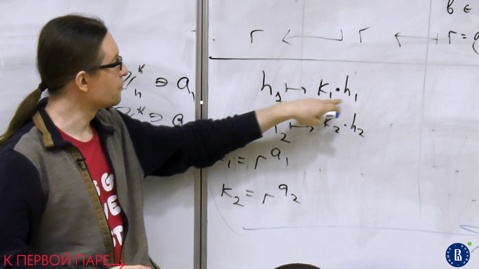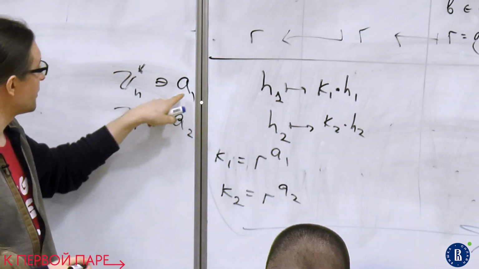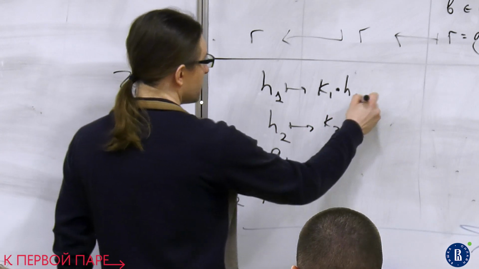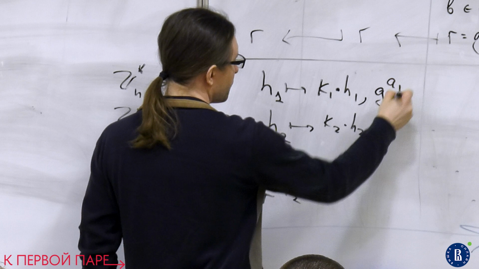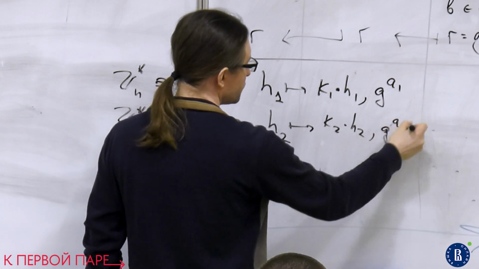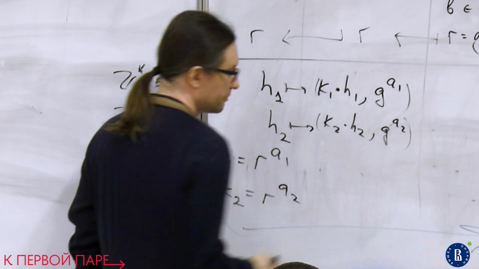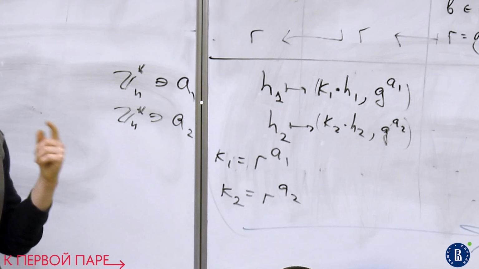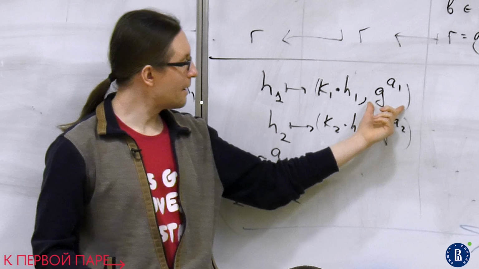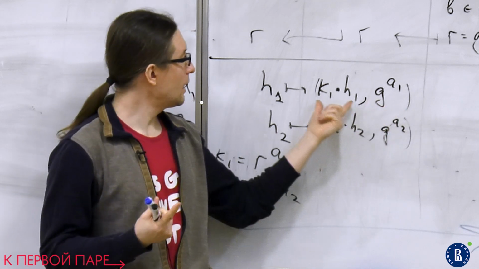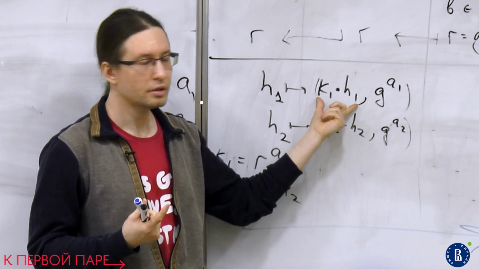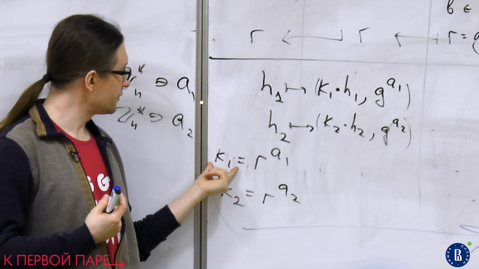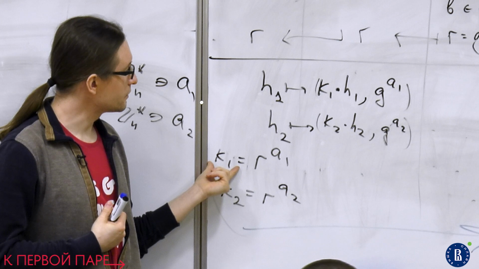So together with the message, you will send the public key corresponding to this element. And what is the public key? The public key will be g to the power of a1, and here g to the power of a2. So you send a pair. Each time you send a new public key and a message encrypted by this specific private key.